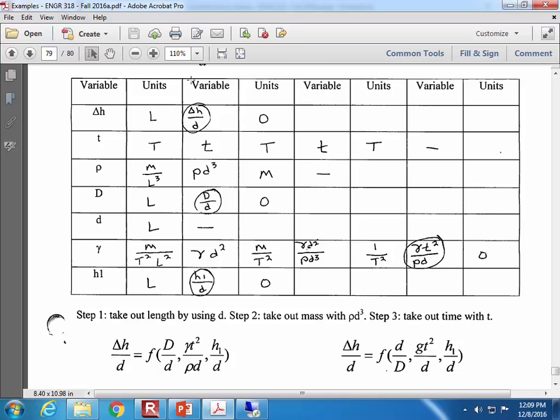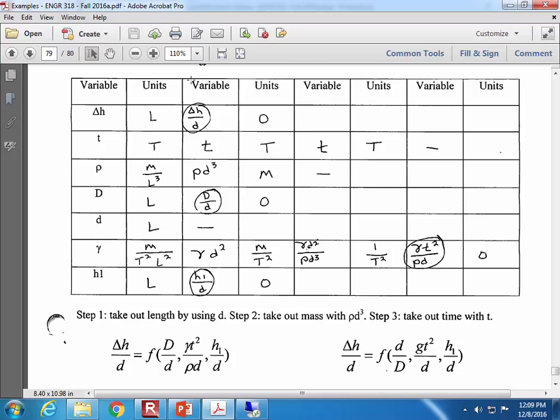So you can do it in different orders. I had some suggested steps here in case you got hung up or confused on what to do next. But there can be a different order in assembling them, and so your solution may end up looking a little bit different. The other thing I can mention is that there could also be the inverse of these. Here you'll notice that there's two possibilities. One is big D divided by little d. Well, you could also do little d divided by D, and it's still unitless, right?